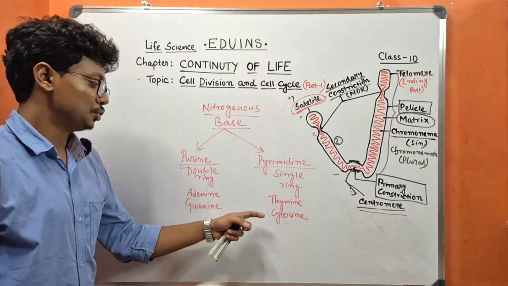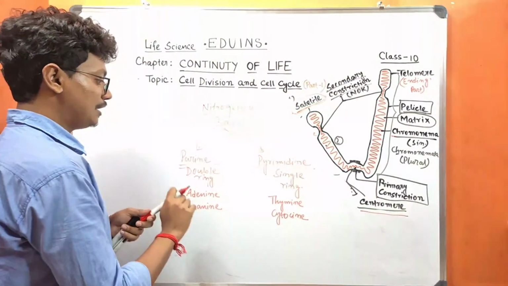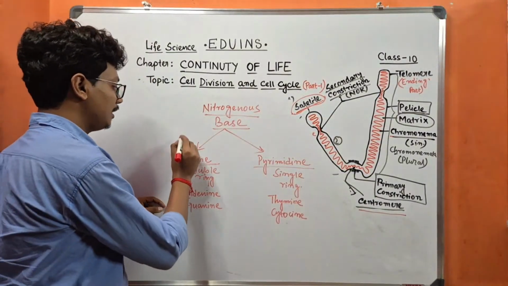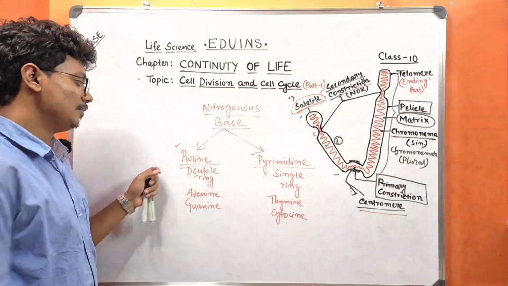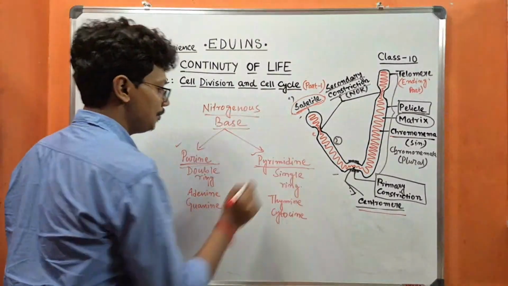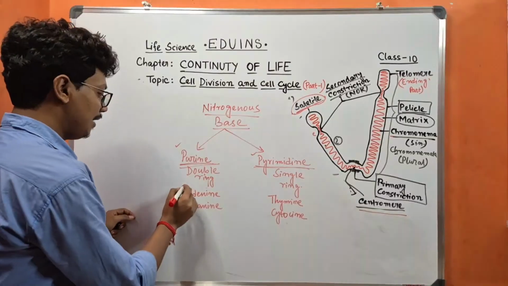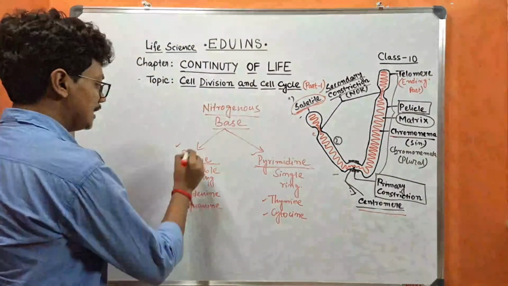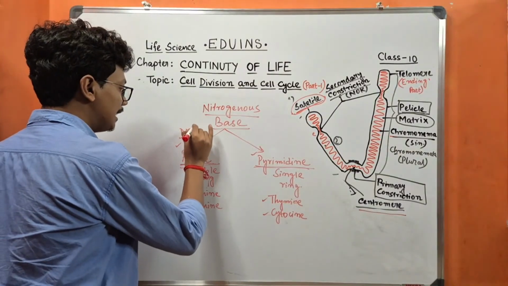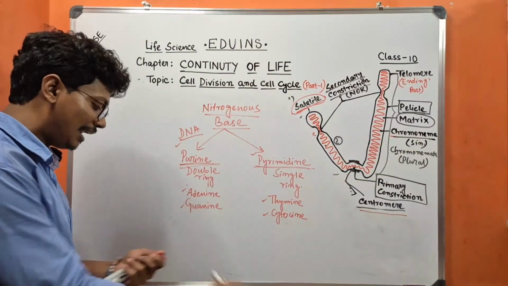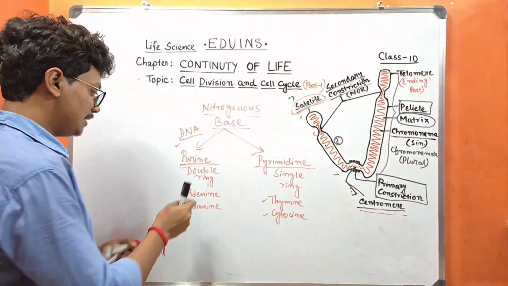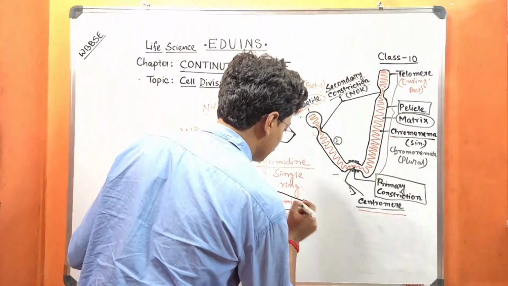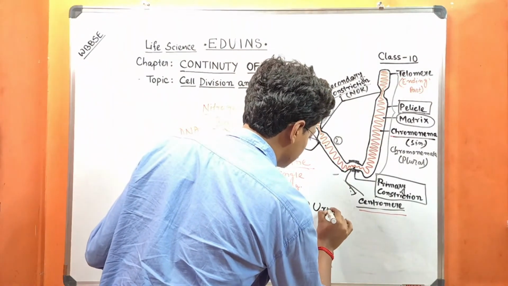So these are the four types of nitrogenous base present, categorized into two categories. One is purine and another is pyrimidine. In purine they have adenine and guanine, and in pyrimidine that is thymine and cytosine. This is in case of DNA. But in case of RNA, adenine and guanine are present, but thymine is replaced by uracil.